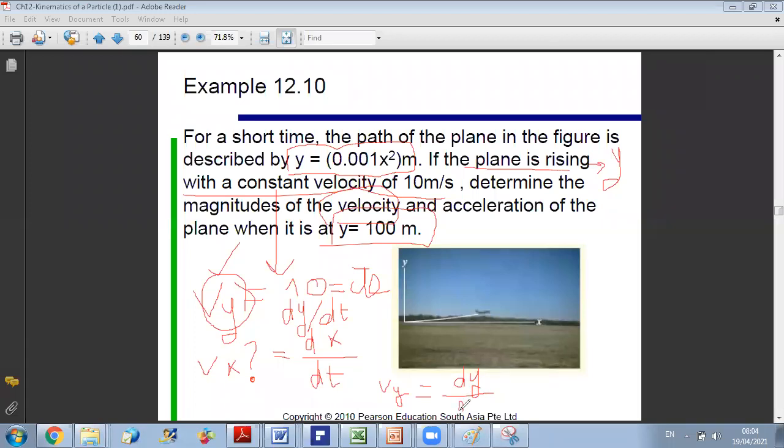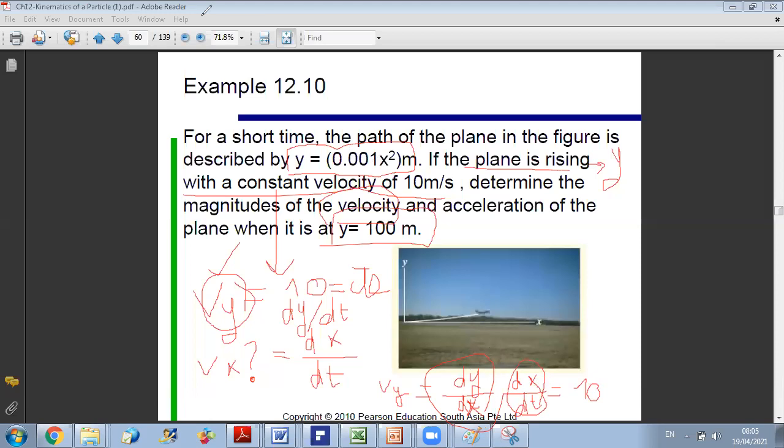In this way, the term of my interest appears, which is dx by dt, since dx by dt represents Vx. Vy is known, it's 10, so I can just replace it by its value. And I can derive y with respect to x because I have the function. So all I have to do now is to replace dy by dx by the derivative of this function, which is 0.002x. In this way, I am calculating dx over dt.